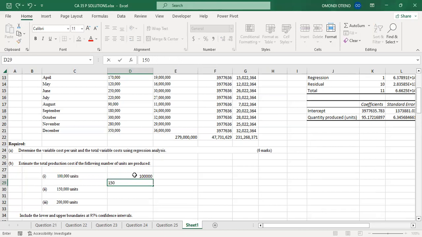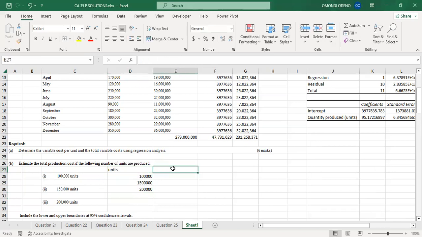Those are the units which we have. So units, and we've already known variable cost per unit, and then fixed costs for any unit of production.